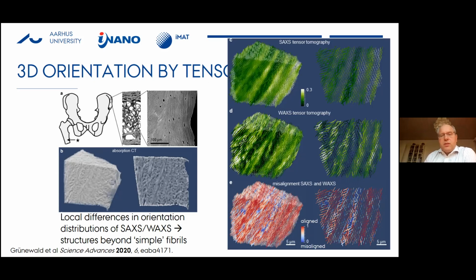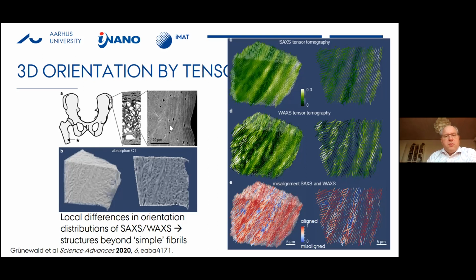But we see quite systematically, let me just get a pointer here, that there are places within the bone, here and here, for instance, where there's a misalignment between the two scattering features. And so this could be due to various different features. One being some rather technical features about how the scattering experiment is done.